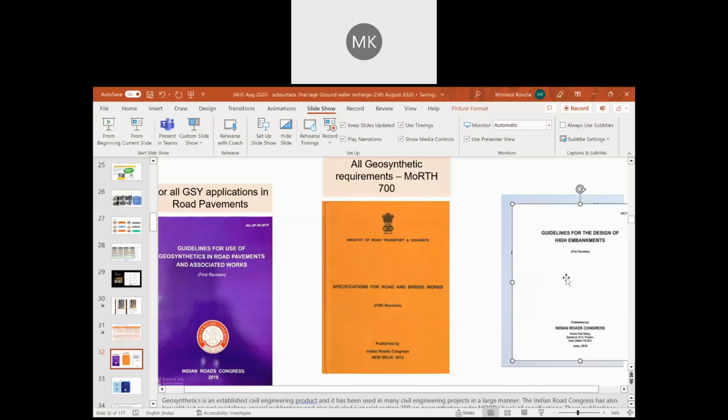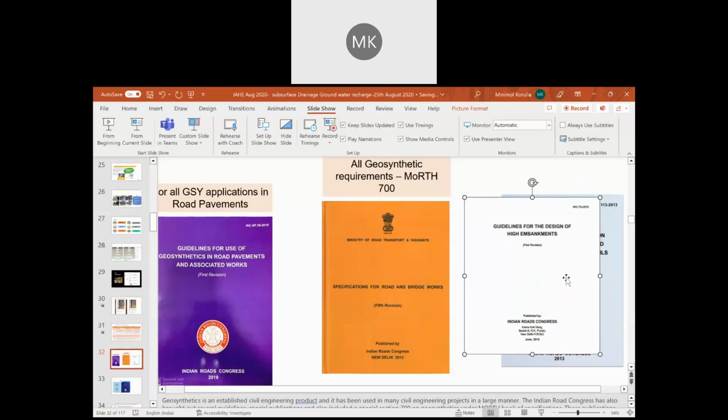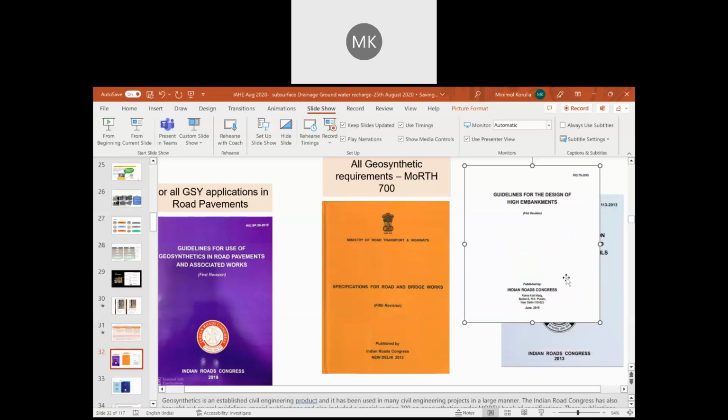More and more roads are getting constructed with the drainage geocomposite, horizontal drains, vertical drains, everything. By 2029 we will see 10 years of performance, and then we may really accept that yes, there is a sharp durability increase.